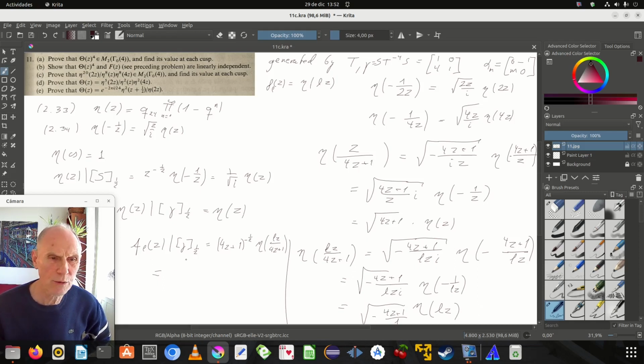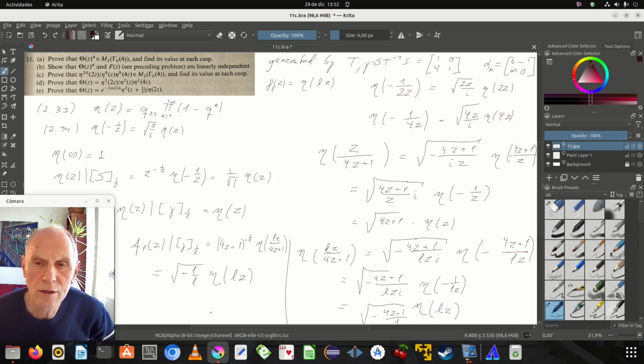So it's the square root of minus 1 divided by L times eta of Lz. And that holds for L equals 1, 2, and 4.